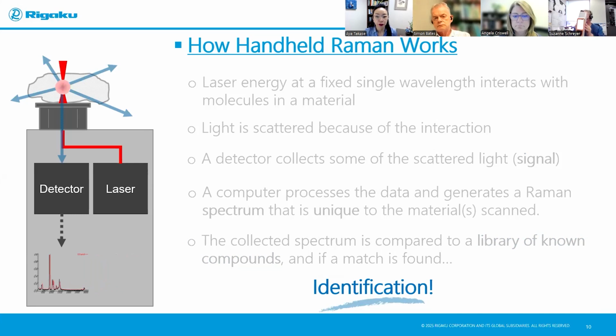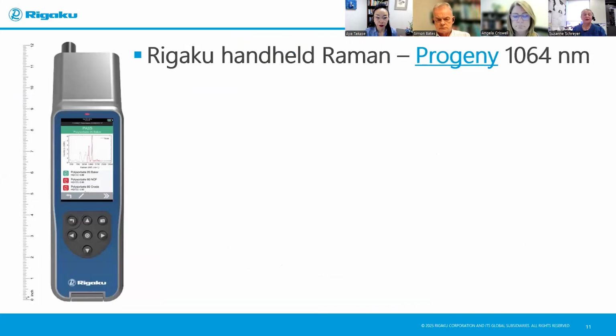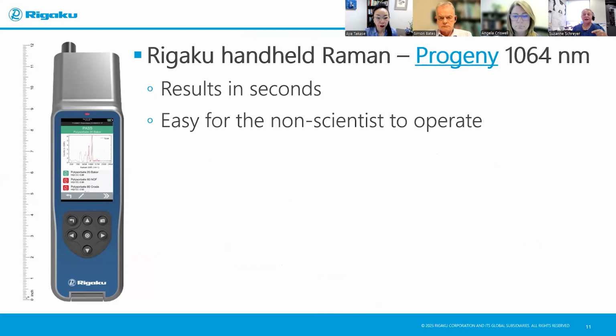In this case, right on the screen, you'll see the results of the identification. And all of this is done usually in about 30 to 40 seconds. So this has the exact result of giving a really fast result that's easy for any non-scientist to operate.